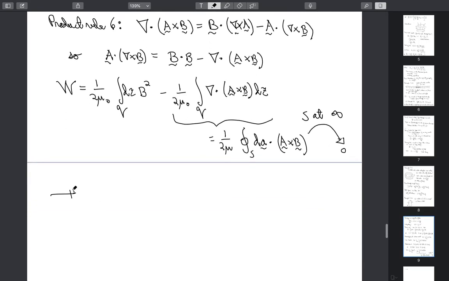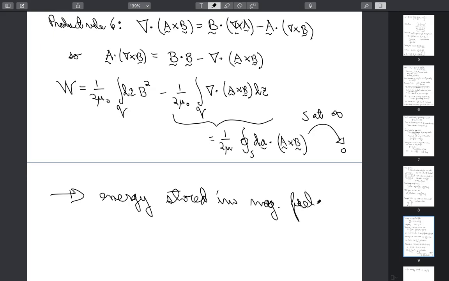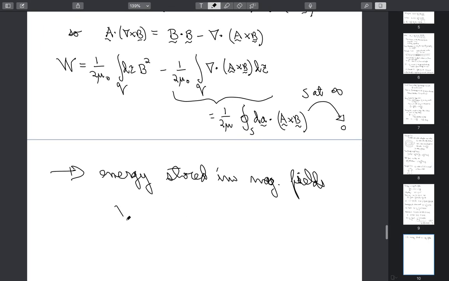So what we get is that the energy stored in magnetic fields, sorry, my computer is really hiccuping quite seriously here. The energy stored in magnetic fields, let's write it as U_mag, is just 1 over 2 mu 0 times the integral over all space, d tau, of B squared.